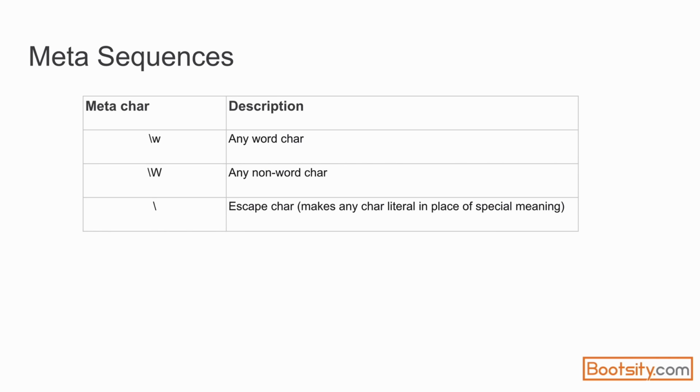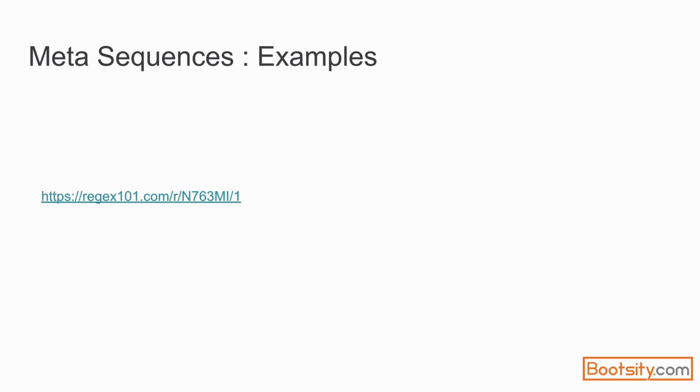Slash small w can be used to match any word character, and slash capital W can be used for any non-word characters. Backward slash is a special character because it is used as an escape character. By using backward slash, we can make any character literal, replacing its special meaning.